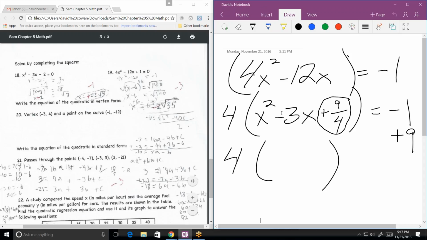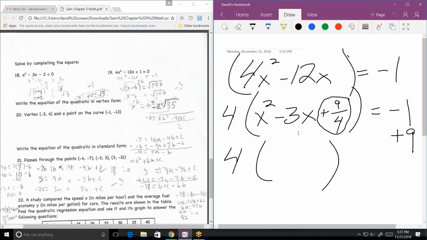Let's finish this problem. Well, you can actually see what's on my screen here, right? We completed the square. Now, how are we going to write that? What's inside the parentheses? How are we going to write it? 4 times what? How do you write that as a linear term squared?